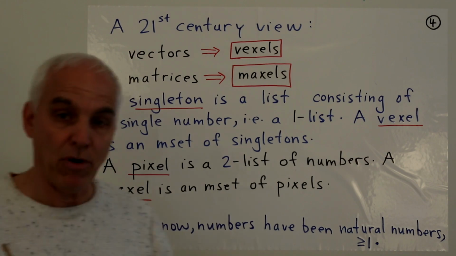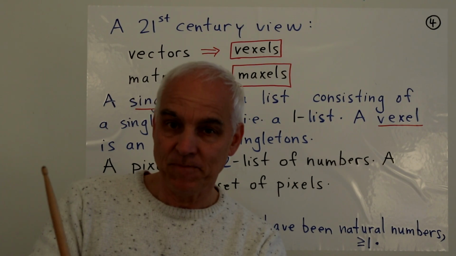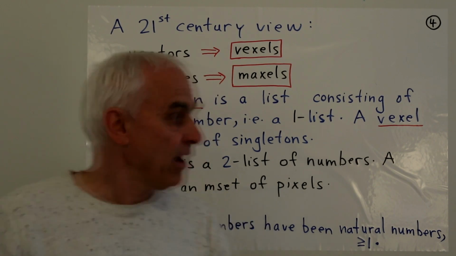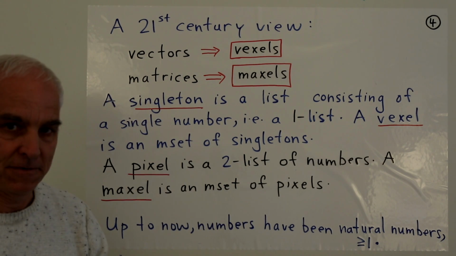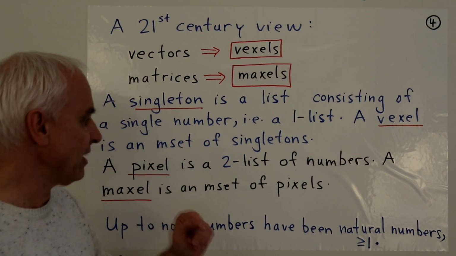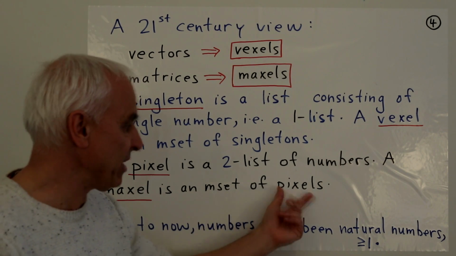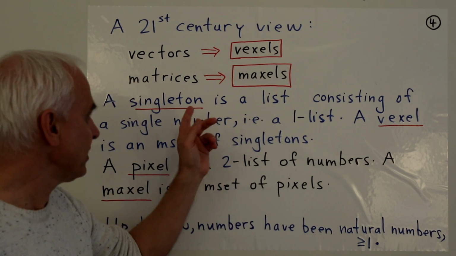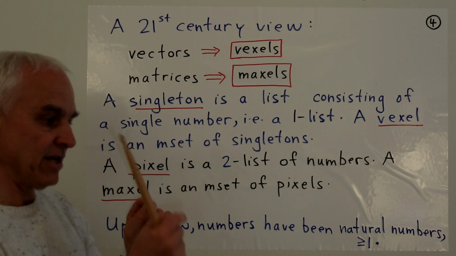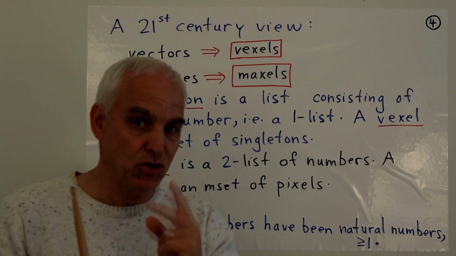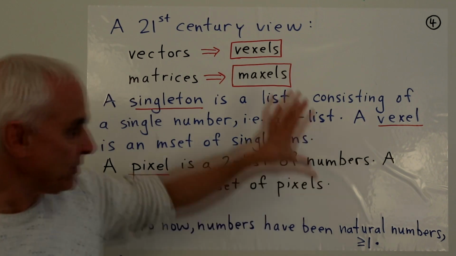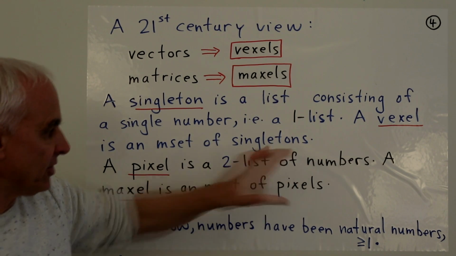Vexels and maxels are both examples of multisets of a particular kind. A vexel is a multiset whose entries are singletons, while a maxel is a multiset whose entries are pixels. And a singleton is a list of just a single number, while a pixel is a list of two numbers. So this is the one-dimensional version, and this is the two-dimensional version.